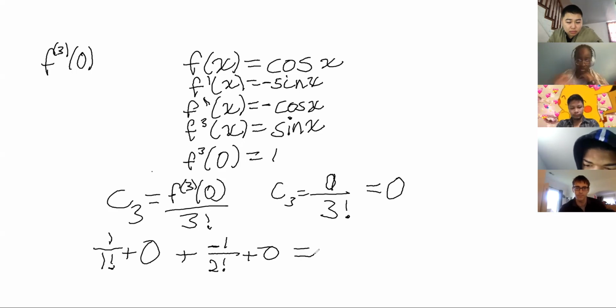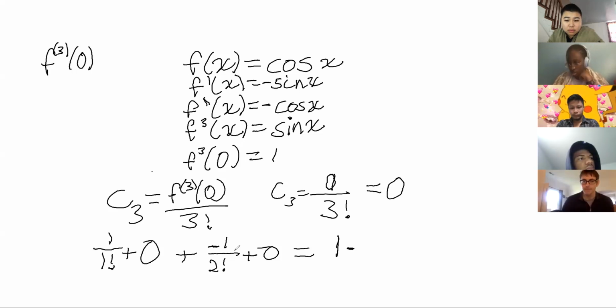So 1 minus a half. You dropped an x squared in your 1 over 2 factorial term. Oh, where's the x squared supposed to be? Do you have the general form for a Taylor polynomial? Oh, you mean for the second term, it's 1/2 times f double prime of 0 times x squared.